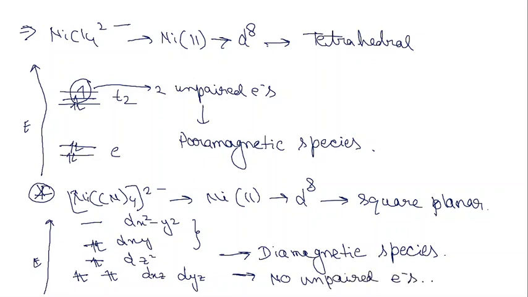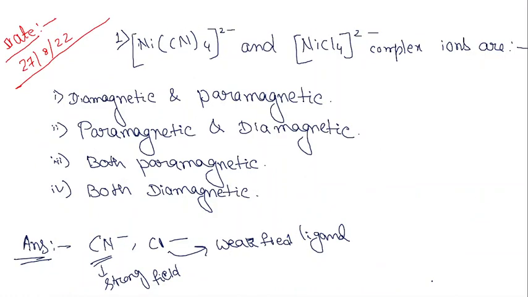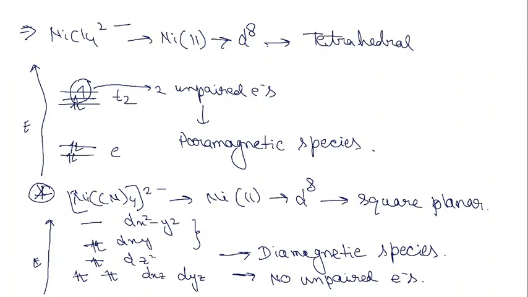So what will be the answer? The first one is diamagnetic, the second one is paramagnetic. The first one will be the answer.